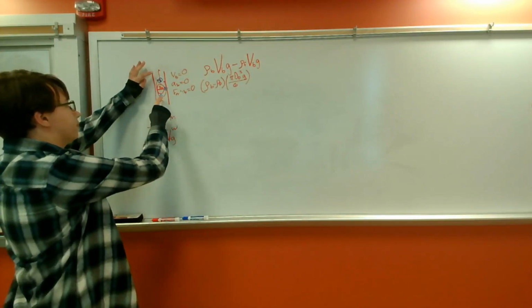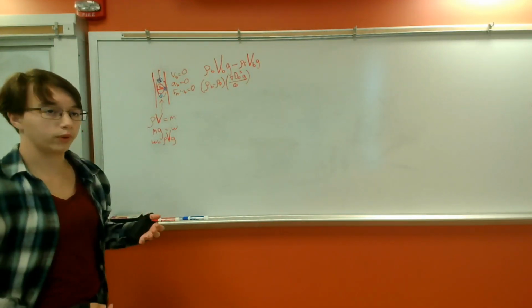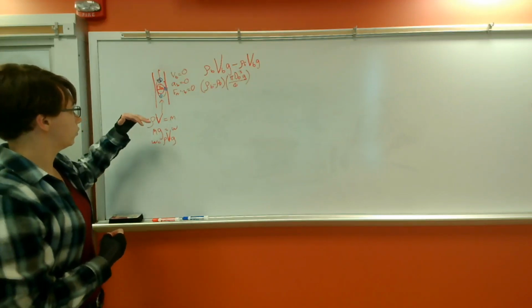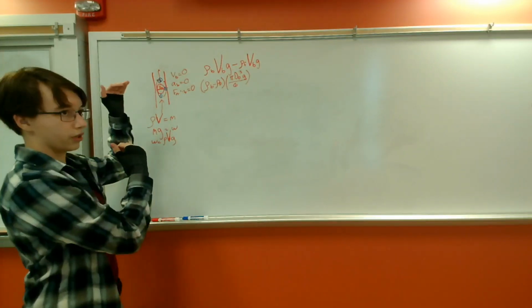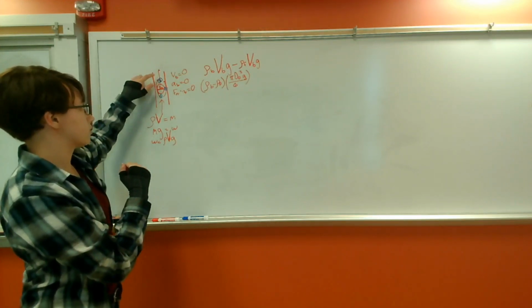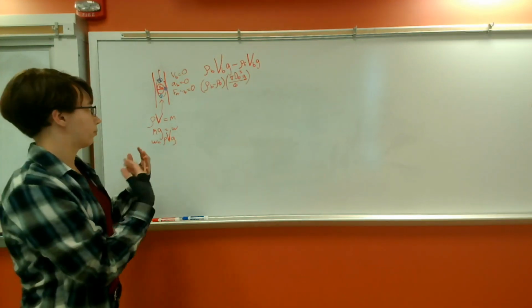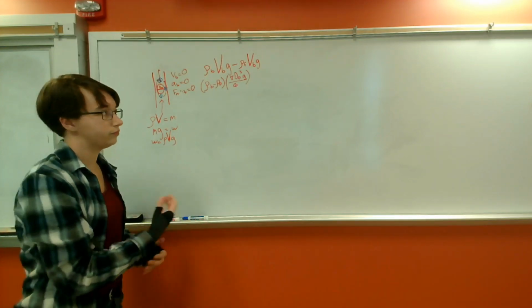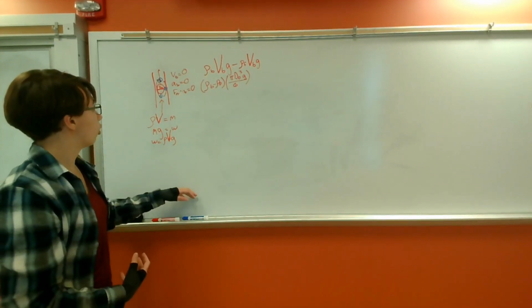Mainly we're concerned with points 1 and 3, because that's the pressure beneath the ball and the pressure above the ball. Pressure beneath the ball minus pressure above the ball is going to be our pressure force acting on that ball, just in general.